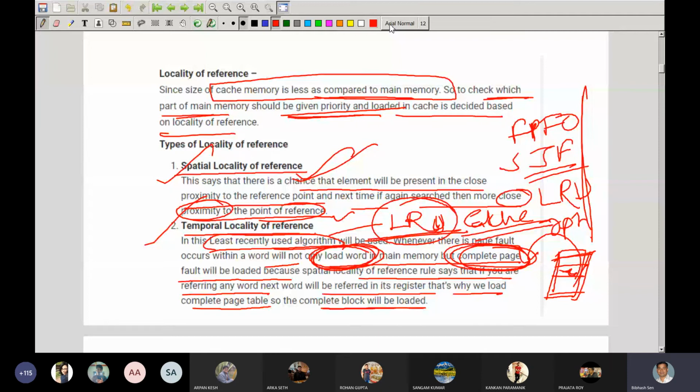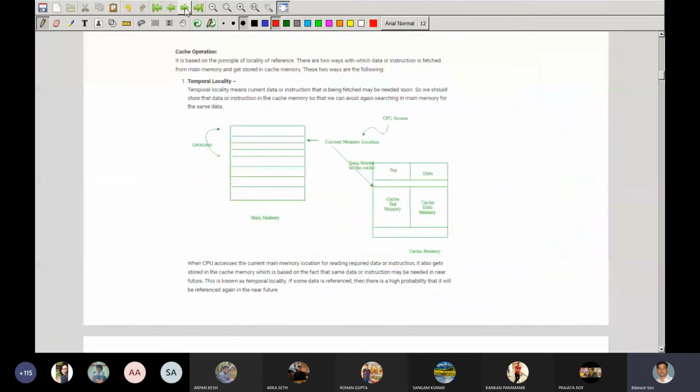Am I correct or wrong? So sometimes part of the page you load may not be required again. Okay, so up to this we understood the cache's preferences, temporal locality.